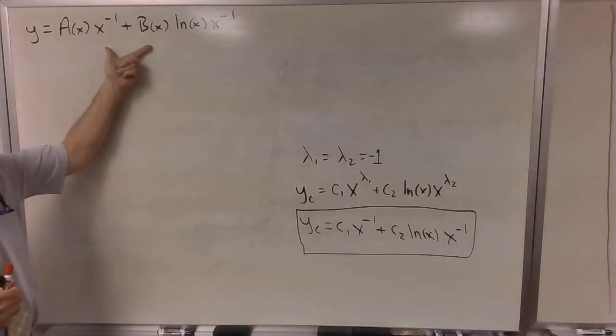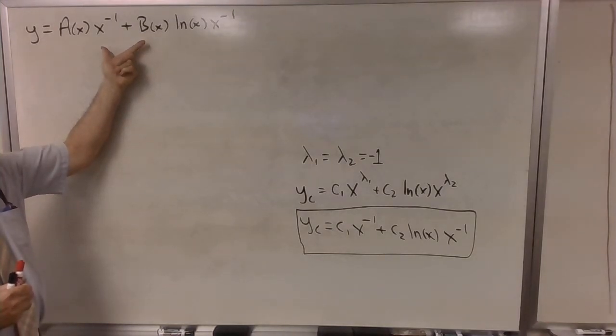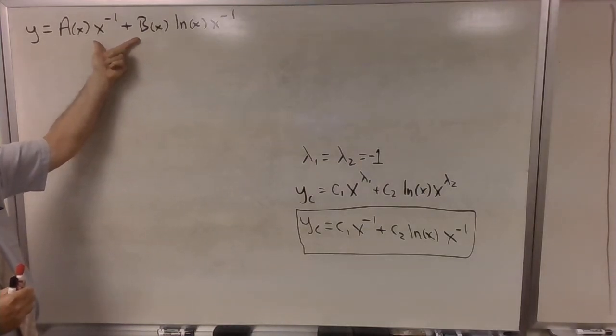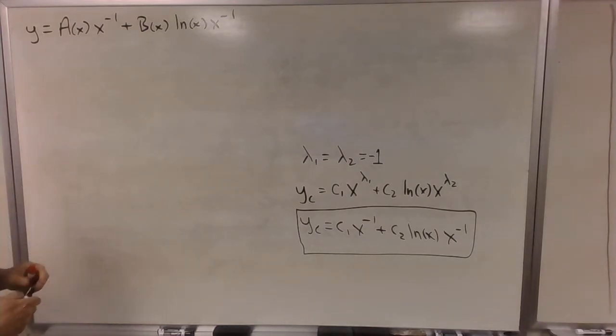This is what our general solution looks like for some unknown functions, A and B, that constitute a pair that will make this a solution to the original equation.